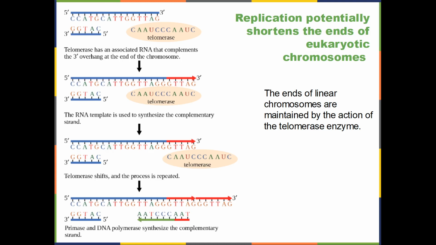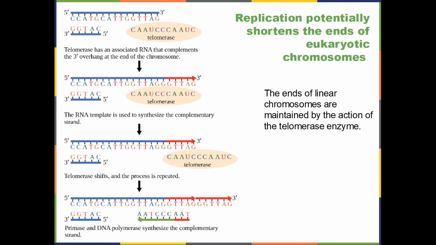Telomerase is an enzyme that solves a problem that eukaryotes have, that you and I, plants, any animals, fungi have, and that is because we have a linear chromosome.